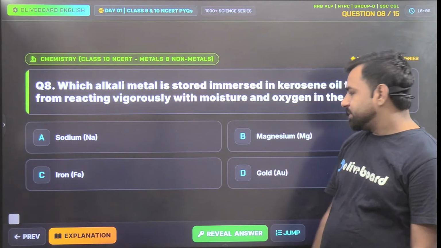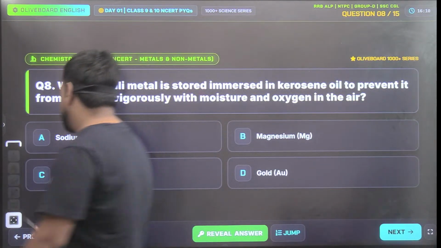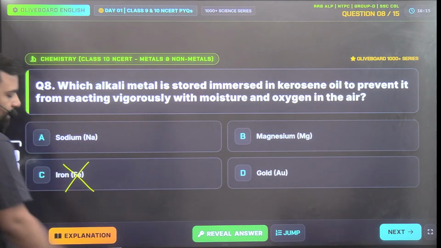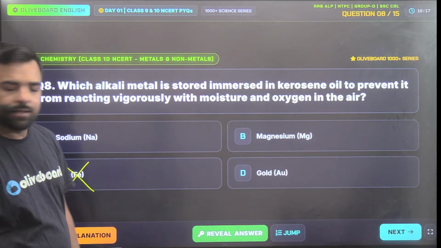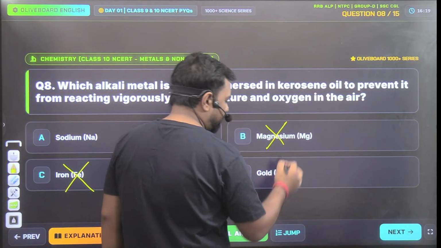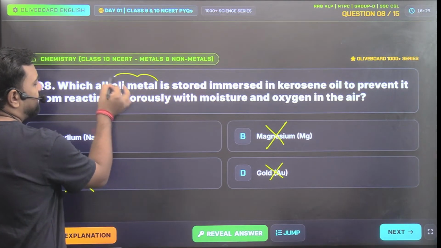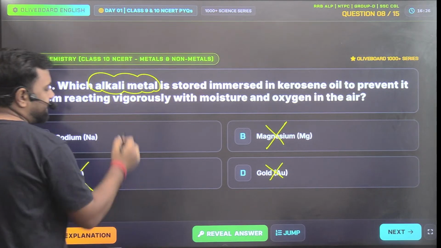Hali na ki rab se faryad. So guys, if you are aware of those alkali metals, iron cannot be the answer, right? Here, magnesium cannot be the answer, gold cannot be the answer. So you must try to understand that if our basics are clear, everything is clear.